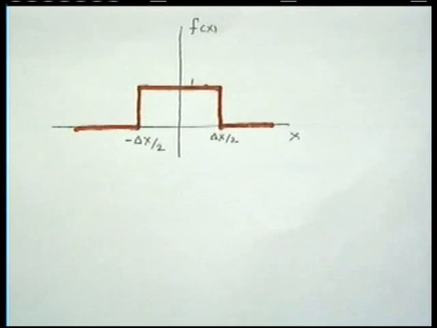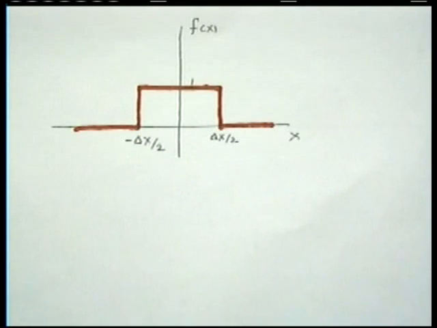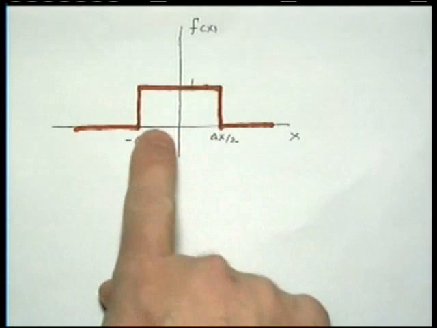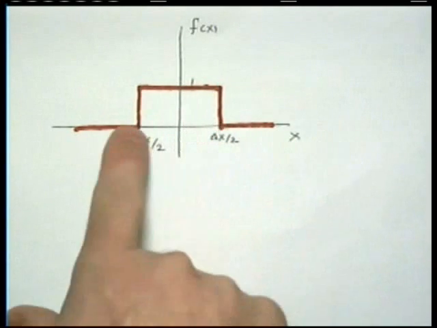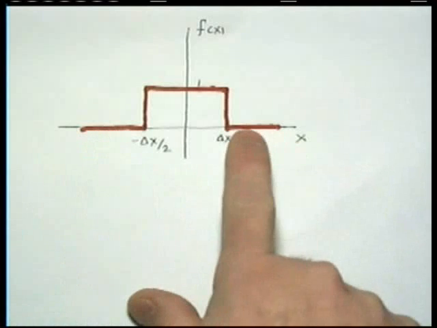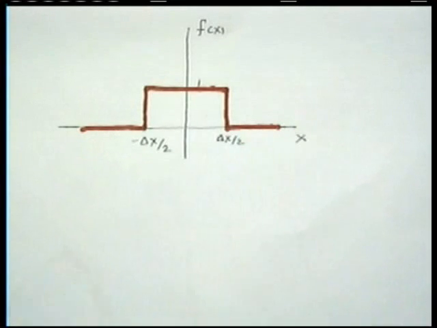And what I would like to know is, if I was to try to represent that as a sum of sines and cosines, what would I have to do? How many waves would I have to have? How big would each one of the waves have to be? How can I add some waves to make it look like 1, but there's no probability that the particle is out here? How could I do something like that? That's my goal.